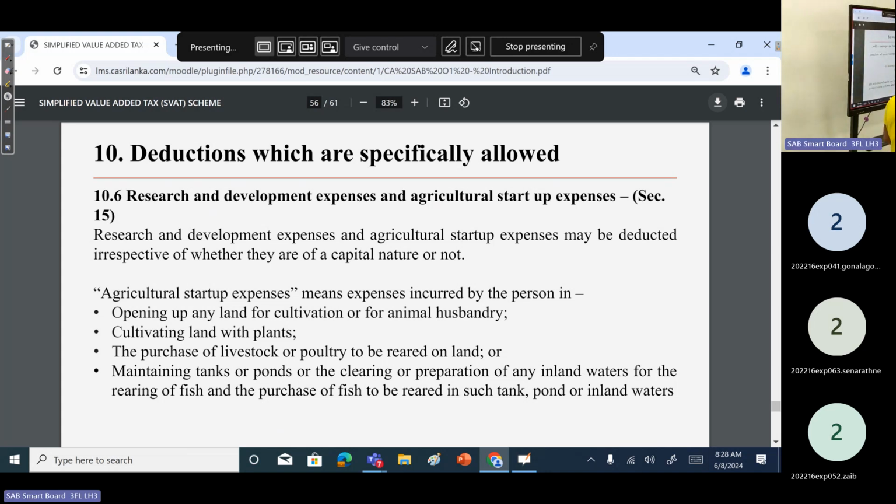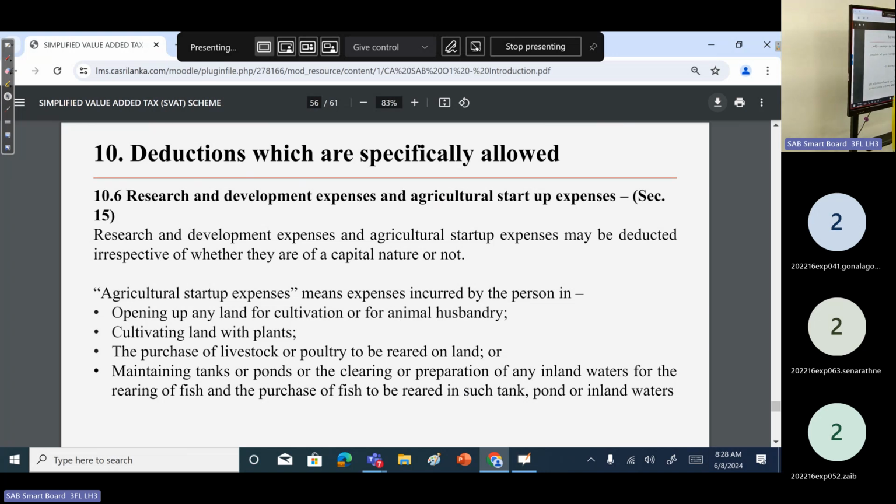Right. So section 15. Section 15 talks about research and development expenses and agricultural startup expenses.